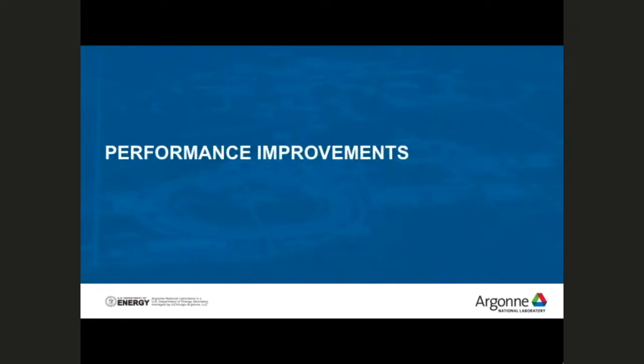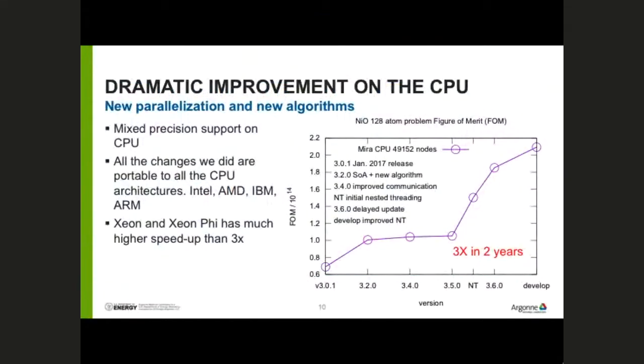Now I'm switching to the performance improvement inside QMCPACK. This is a figure I drew for the ECP report. Over the 2 or 3 years, it looks like we were mostly improving the CPU code, but this is a lot of preparation for future architectures.